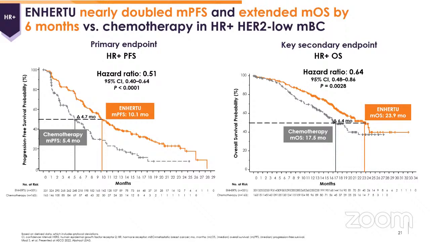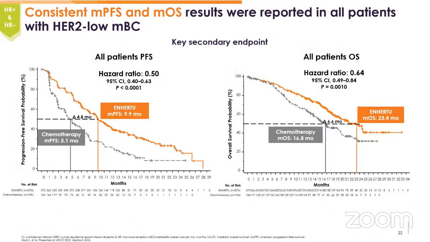And one has to note that these are very heavily pretreated populations. In the overall subgroup also, the difference is 4.8 months in PFS between the Enhertu and the chemotherapy arm, and almost 6.6 months in overall survival, with hazard ratios of 0.64 and 0.50 respectively.